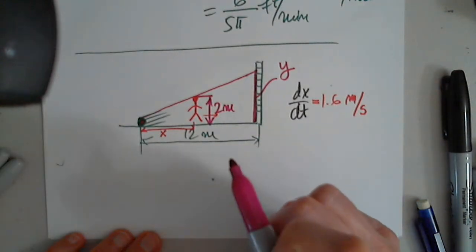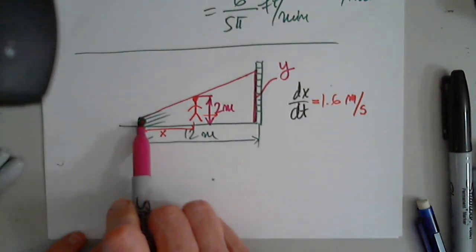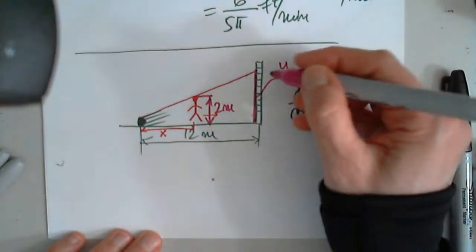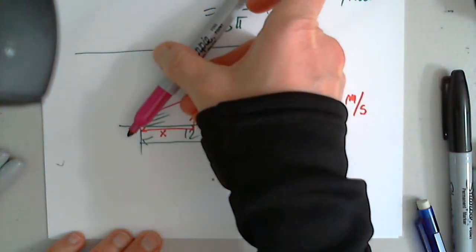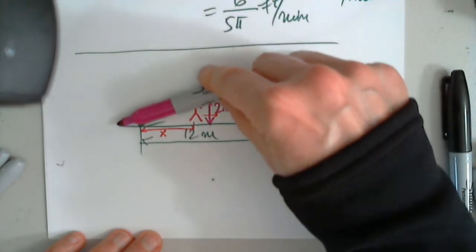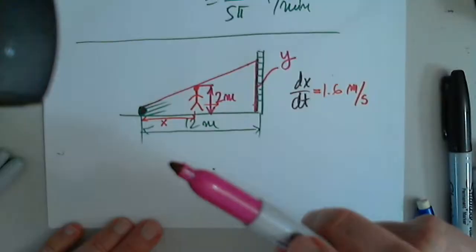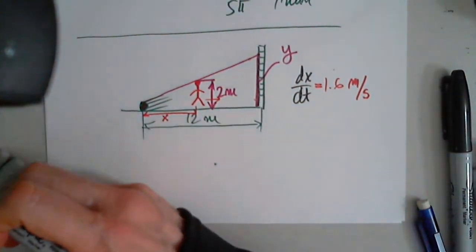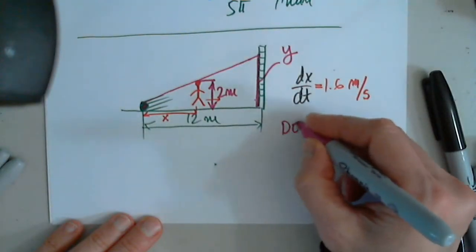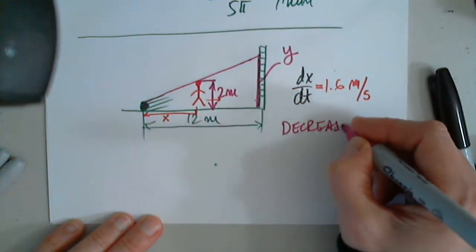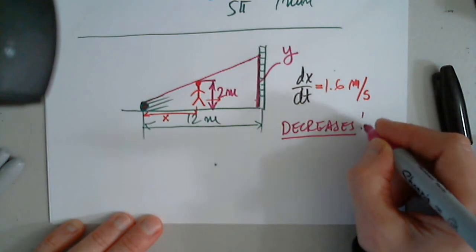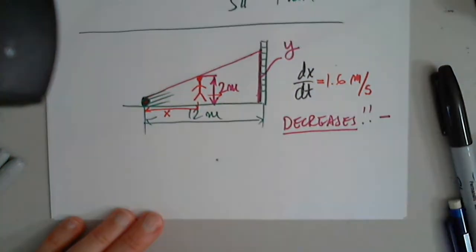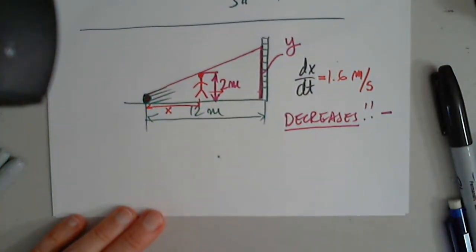So the question is, he walks from the spotlight towards the wall. His shadow initially was very tall, and then as he approaches, it will decrease. So I have to make a mental note or a written note, decreases, so I don't forget to have the negative symbol in there.